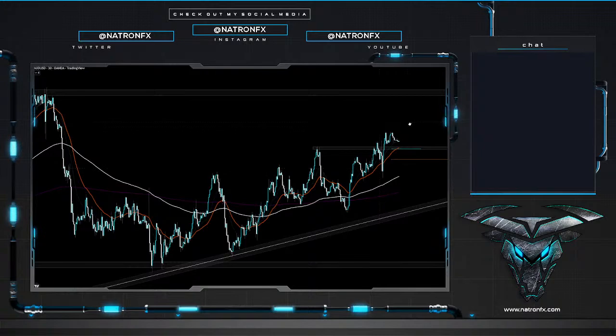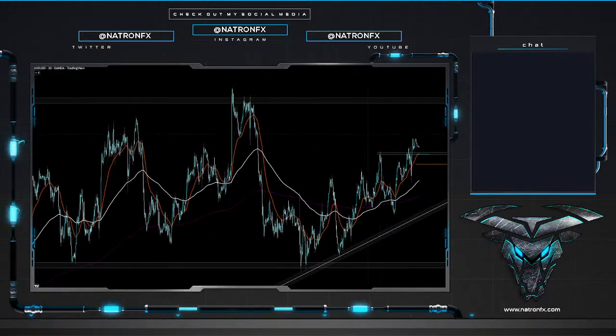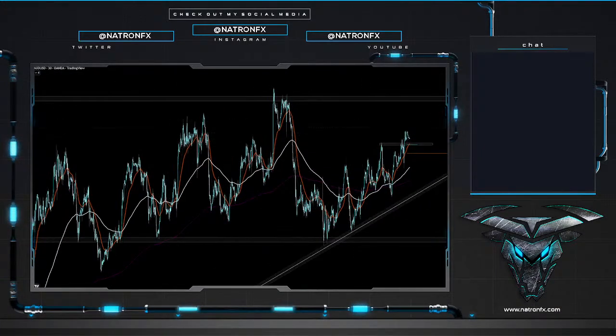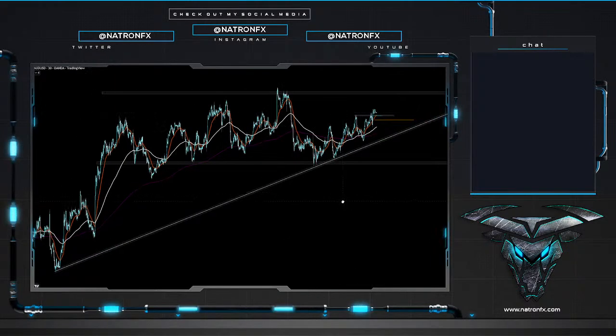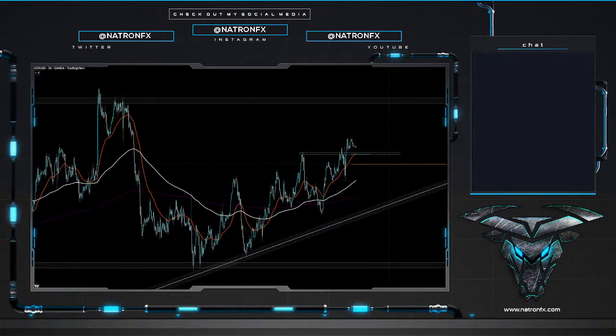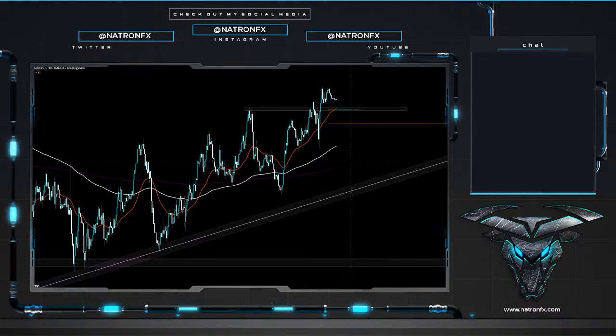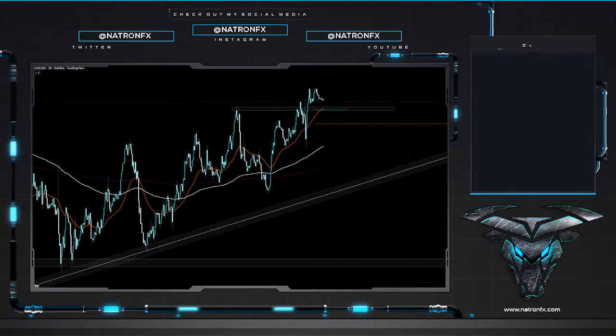This looks pretty bullish, but it's in this range, I guess. We're just gonna go over chart analysis right now. I'm not really gonna speak about the fundamentals today.